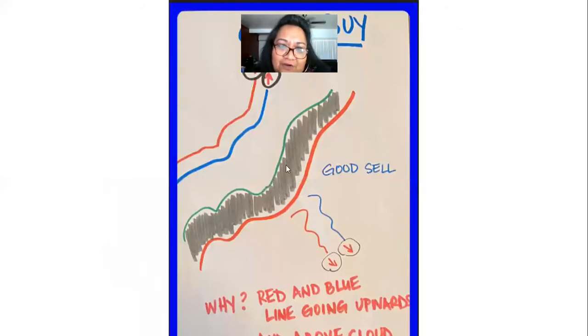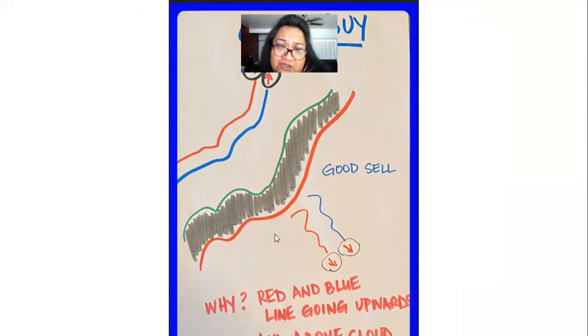One thing I learned is that whenever the cloud is going up, with the green line above the red, and your red and blue lines shoot straight up, you're going to get a nice long green candle. If they're pointing down, you're going to get a nice long red candle going down.